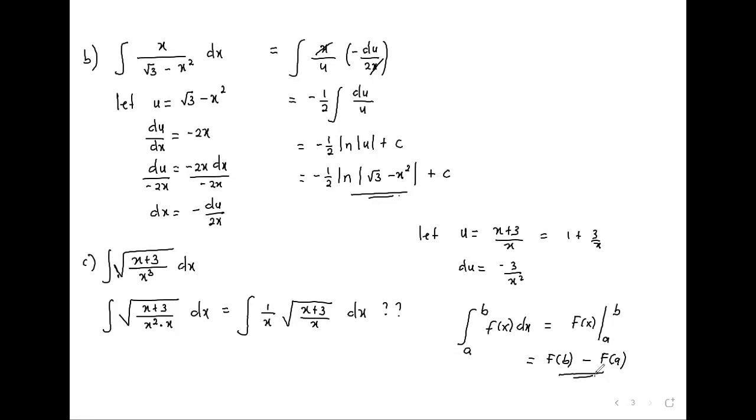Where you are given some region, you have a shape of this nature, and then you get your a to be this part, your b to be that part. When you get the integral, we are saying that you are finding the area of this region here.